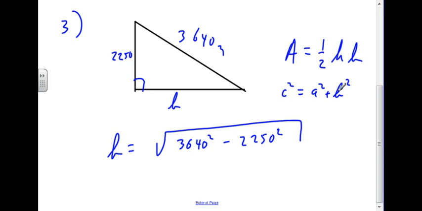Okay, so anyway, square root of 3640 squared minus 2250 squared, close parentheses. And so I get that B is 2861.31088888, which I really don't care about because those aren't significant digits.